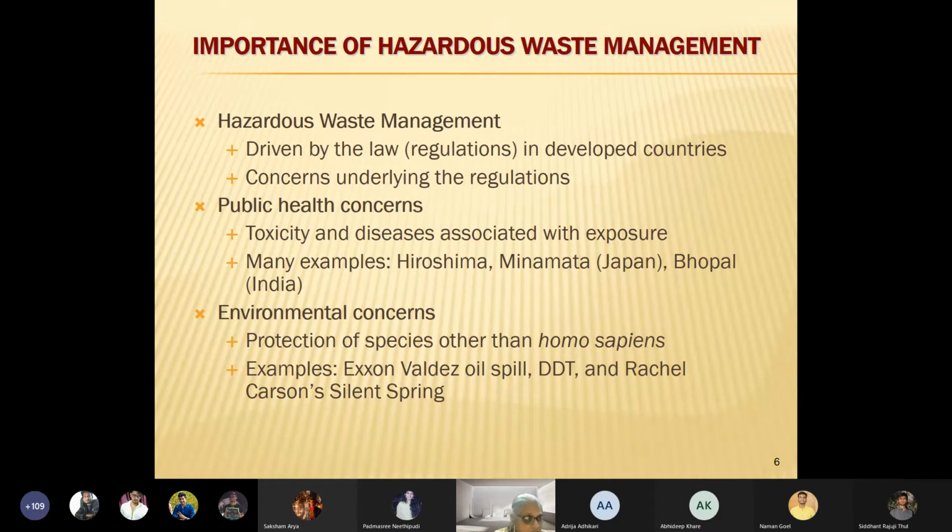There has to be a legal framework within which somebody can point out that yes, this particular activity or this particular factory or industry is causing harm to the environment or to the health of people around them. So the first thing is that yes, it's a public health concern, and in general, it's driven by the law. And what are the concerns underlying the law? They're twofold as usual.